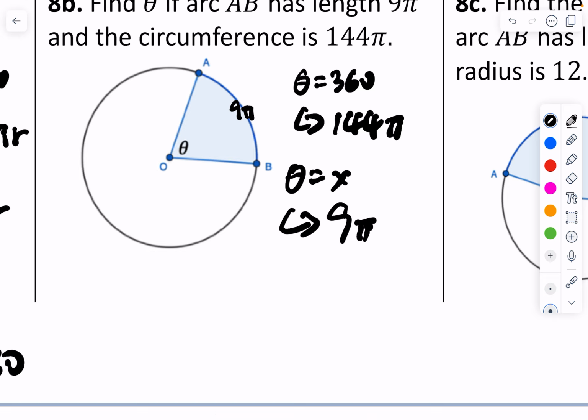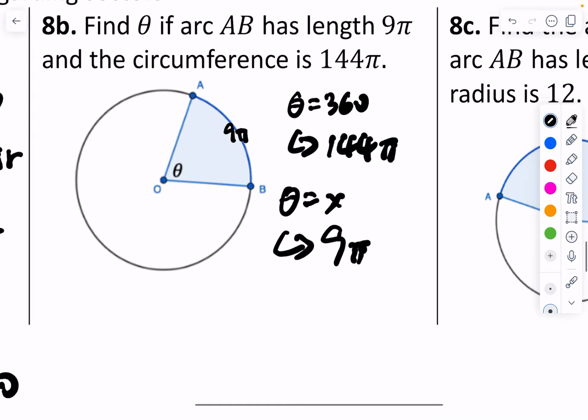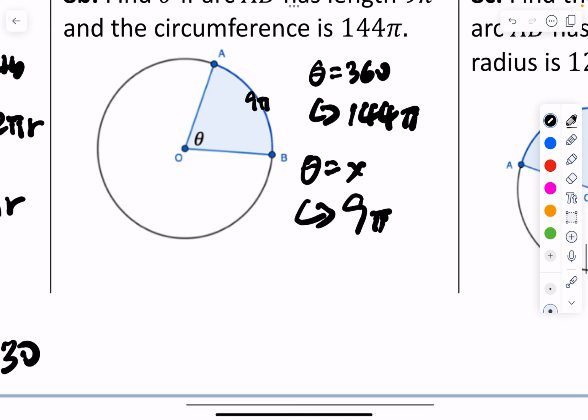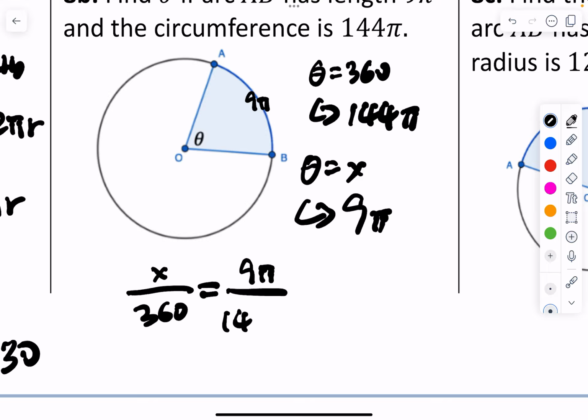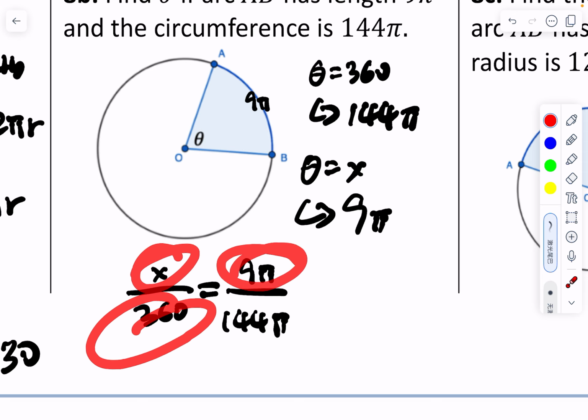Here, we just want to find the x value when theta equals x. So we can set up a simple proportion, right? x degrees is to 360 degrees as 9 pi is to 144 pi. The part is to the whole as the part is to the whole.